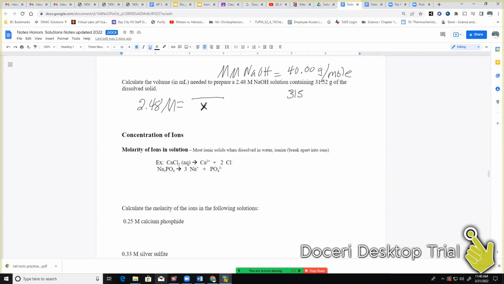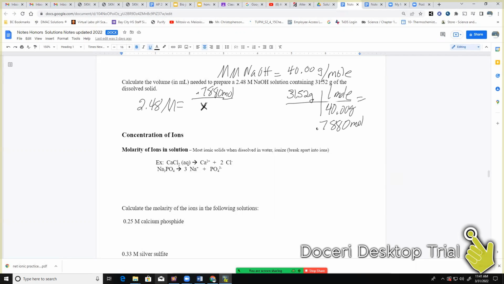So 31.52 grams of sodium hydroxide. And we said it was 40 grams per 1 mole. So that gave me 0.7880 moles.